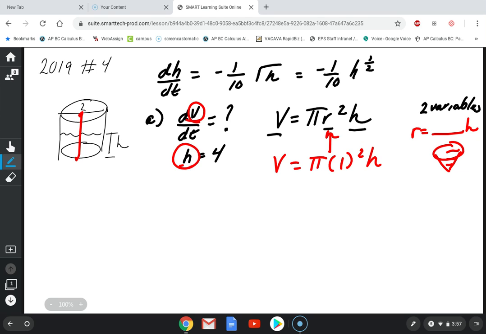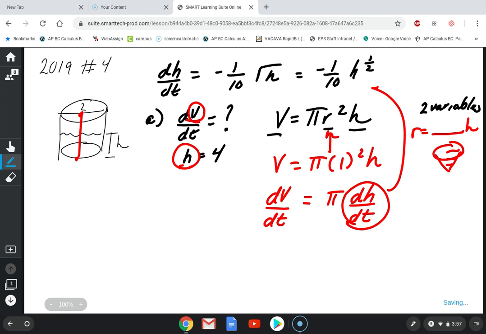Now taking the derivative with respect to time, I have dV/dt equals pi, which is a constant, times dH/dt. dH/dt we know, so we have dV/dt equals pi times negative 1 over 10, and we can replace the h with the 4, so we have 4 to the 1/2.